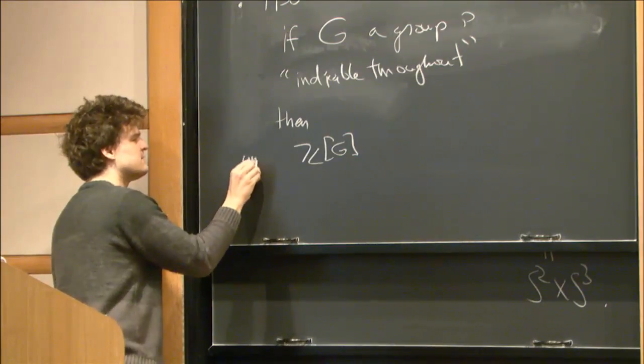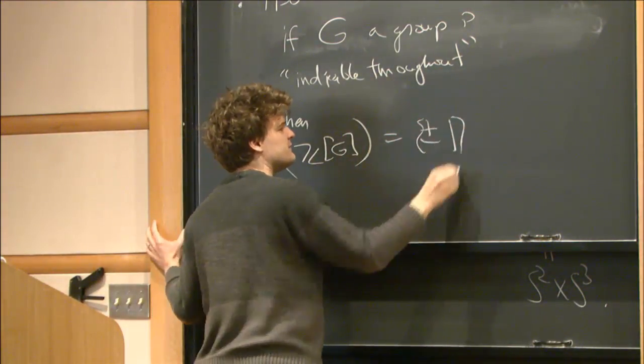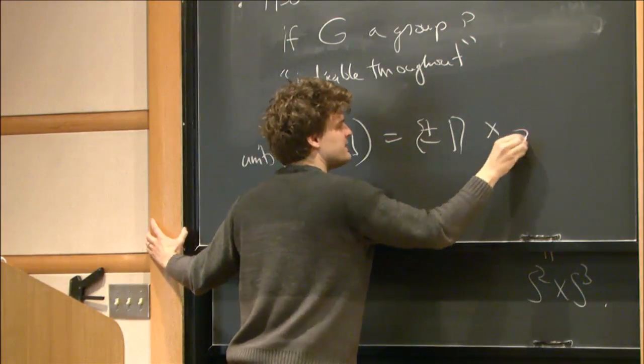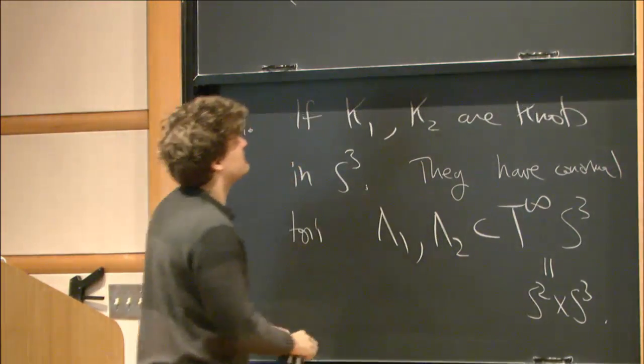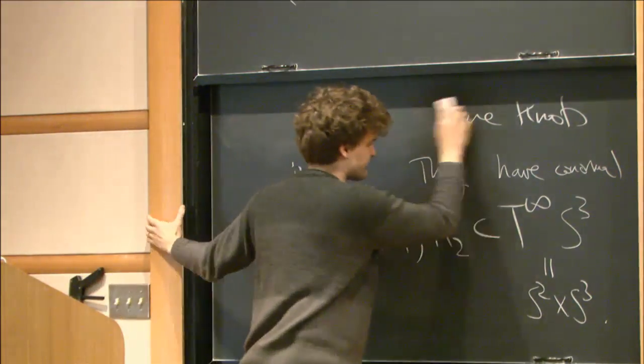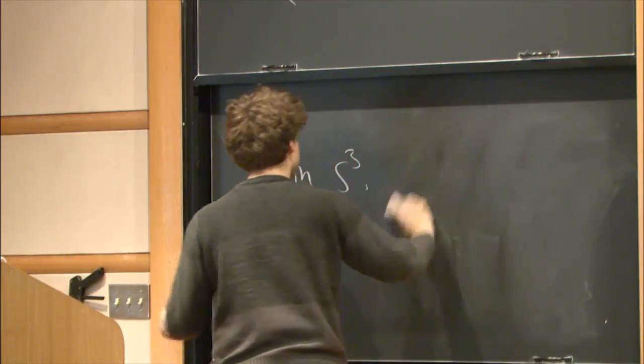Then the units in this group ring are just the units in the integers and the elements of the group. Well, it's not true for a lot of groups, but it's true for groups that are indicable throughout.